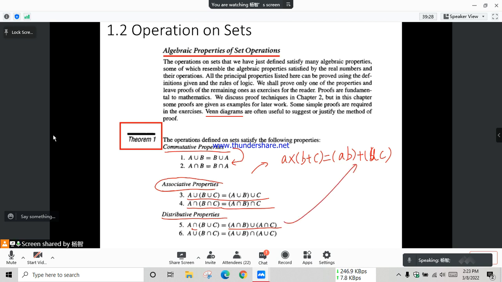It's like this. Because I just missed this. Okay, sorry. I repeat. A multiply B and C equal to A multiply B and A multiply C. It's very similar to this algebraic property, right?